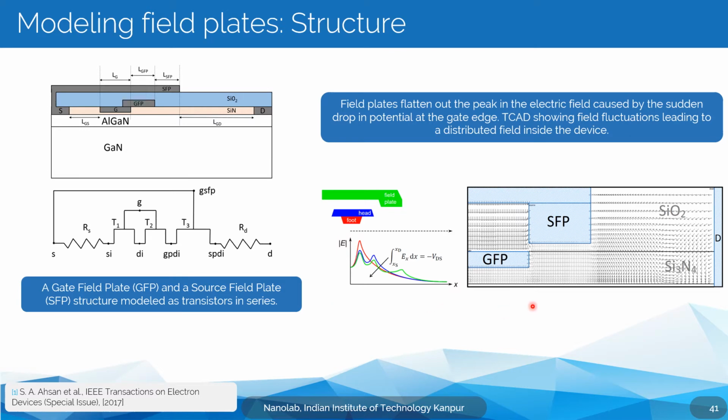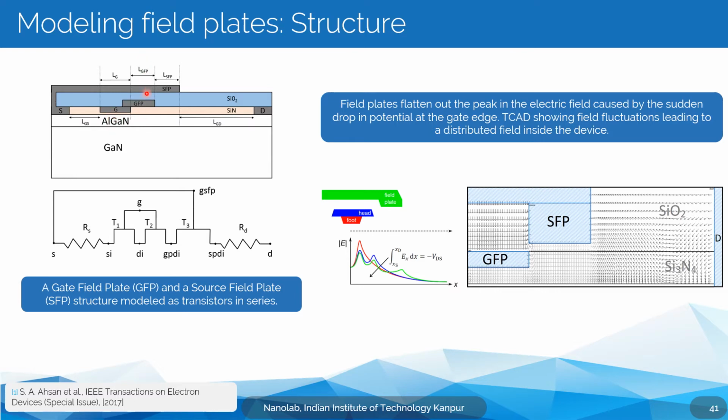Now, this structure here is a TCAD simulation, which shows the two regions where the electric field shows a peak. And in ASM-HEMT, the way we model this is by treating these regions as different transistors. If you look at this region, it's just a gate stack with a different set of dielectrics. And this region is again a gate stack with a different set of dielectrics, and so is this region.